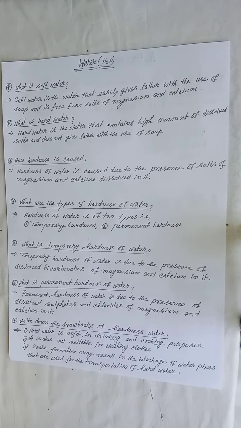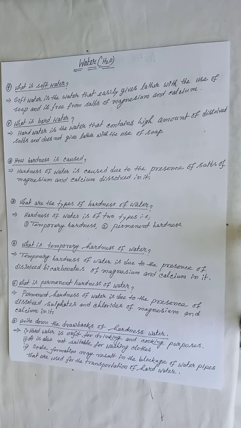What is soft water? Soft water is the water that easily gives lather with the use of soap and is free from salts of magnesium and calcium. What is hard water? Hard water is the water that contains a high amount of dissolved salts and does not give lather with the use of soap.